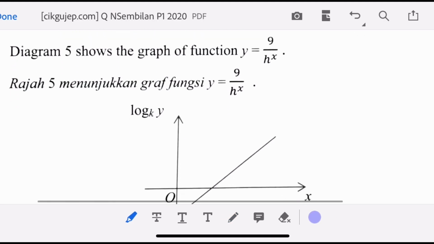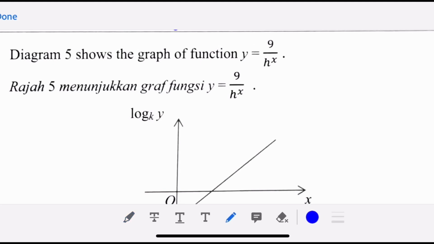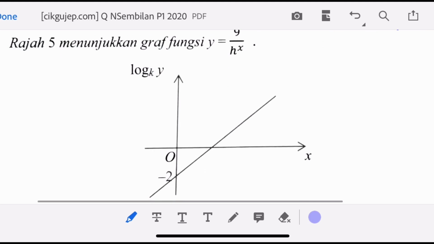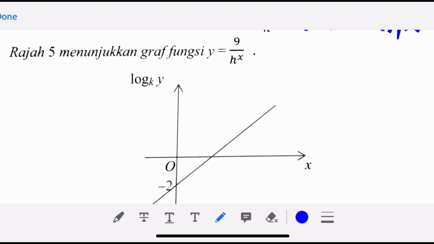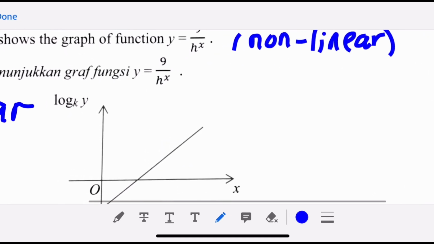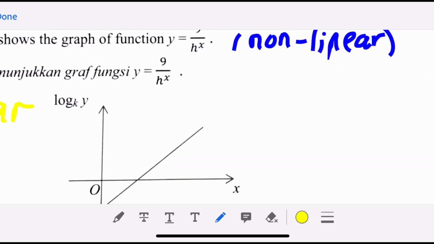If the power of the x is not 1, the power here is showing that it is a non-linear equation. So from the non-linear equation, we need to convert to a linear equation so that you can draw a straight line. In order to do that, we need to apply linear law.